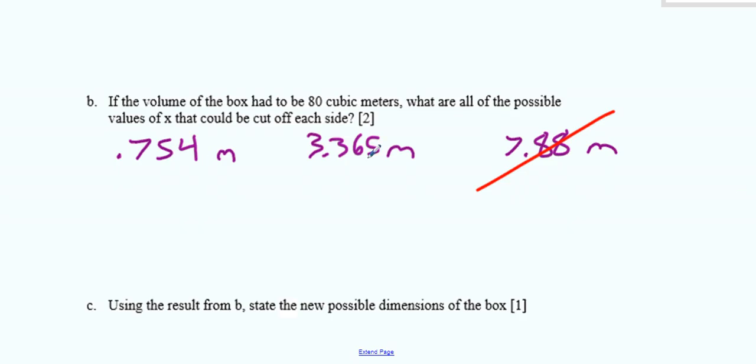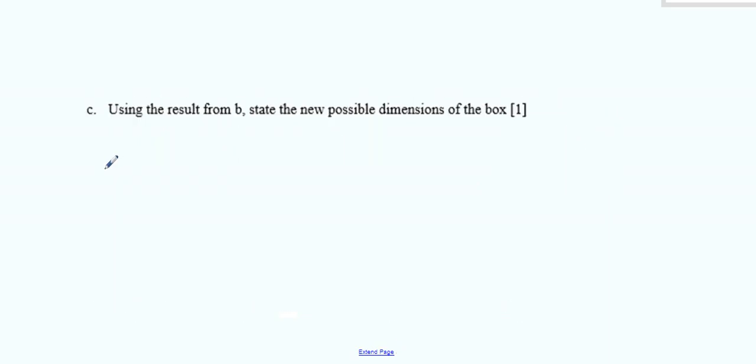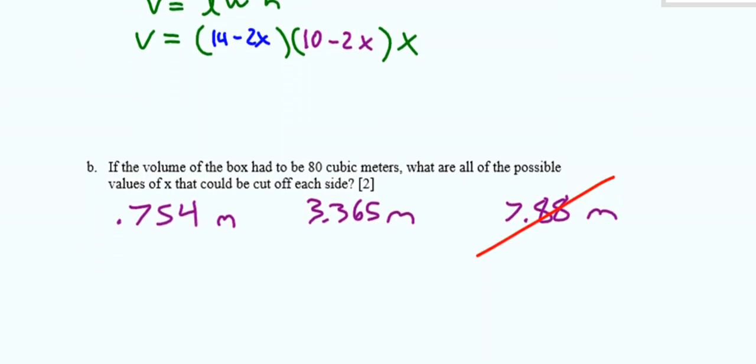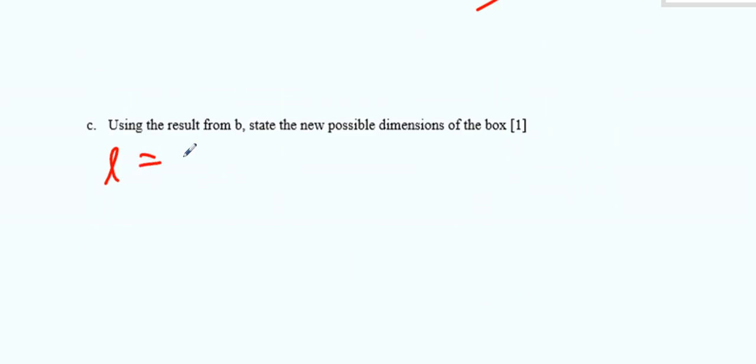And then using these, we need to state the possible dimensions of the box. Well, we know length is 14 minus 2x. We know width is 10 minus 2x.